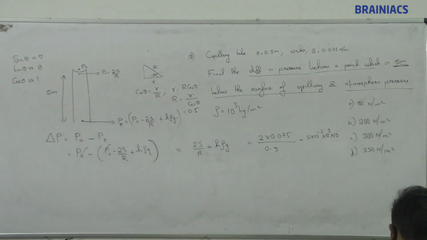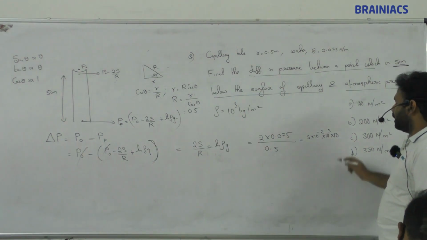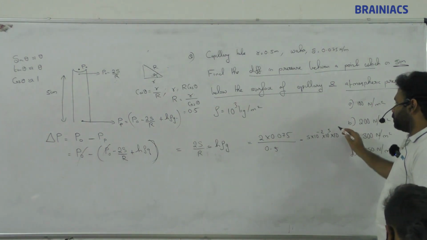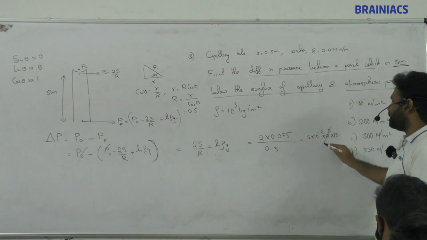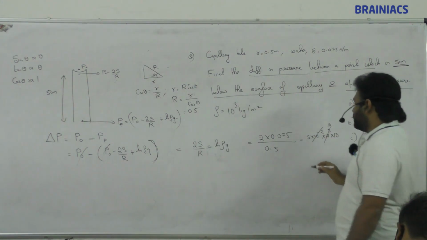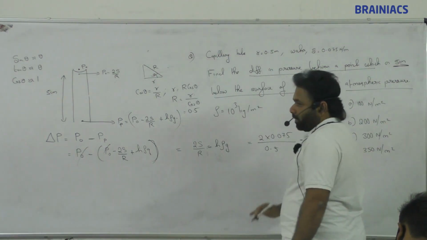Simplify this, children. What are you getting? 10 raised to 3 and 10 raised to minus 2 cancel, we will be getting 10. So this is going to be 500.